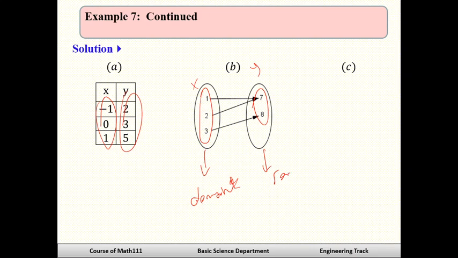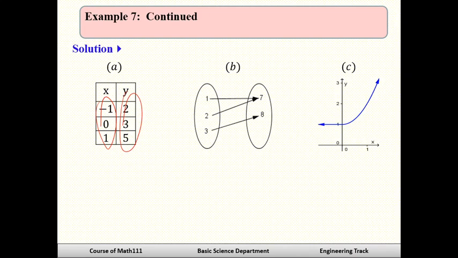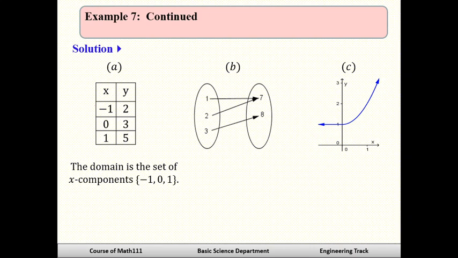This is the range. Now, domain is the set of the x components here, and the range is the set of y components, 2, 3, 5.